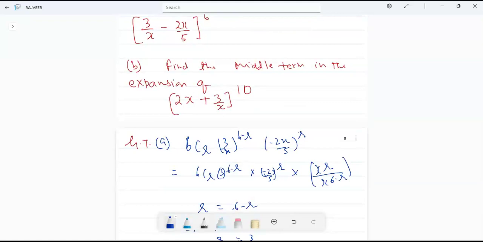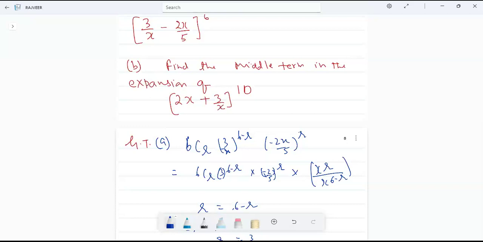We take the constant term together and the variable term apart, so that we can understand what the power of x is.